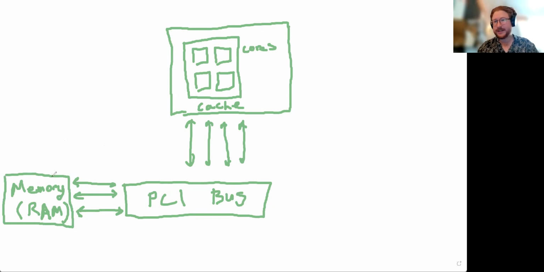Now, to get data into our memory, we need to load that off some sort of disk drive typically. So it'll often be a solid state drive, or maybe a spinning hard disk drive.